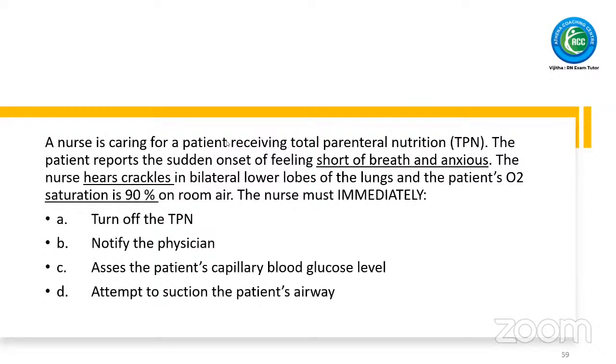That is not available in this option, so you can take A. Actually, when you stop, there should be a patency drip of DNS to prevent hypoglycemia. I want all of you to learn that when a patient is receiving TPN, there will be chances of hyperglycemia, and when you suddenly stop the TPN, it can cause hypoglycemia.